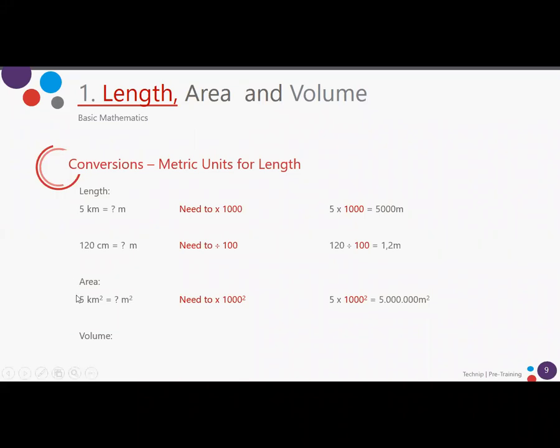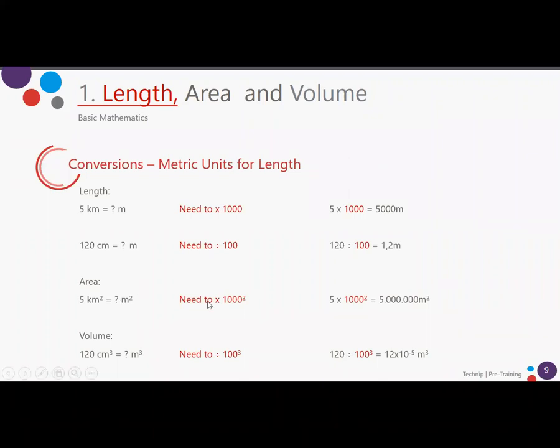Now let's do an example of area, where we will see that the equation is a little bit different. We have 5 square kilometers, and we would like to know how many square meters we have.